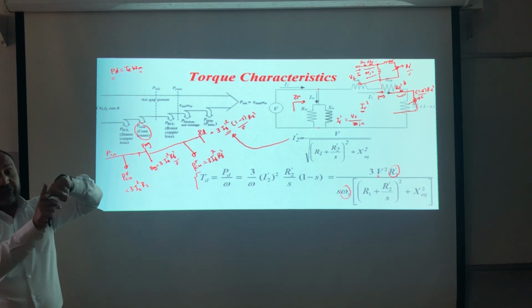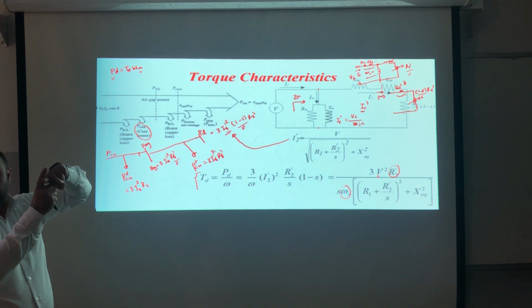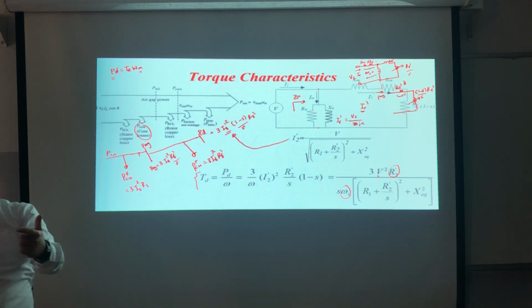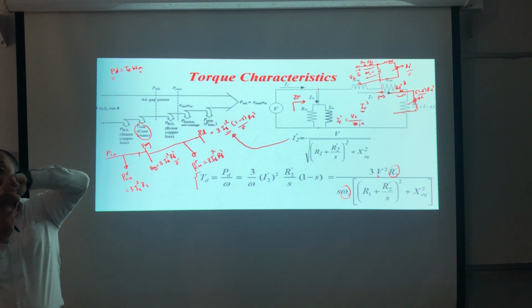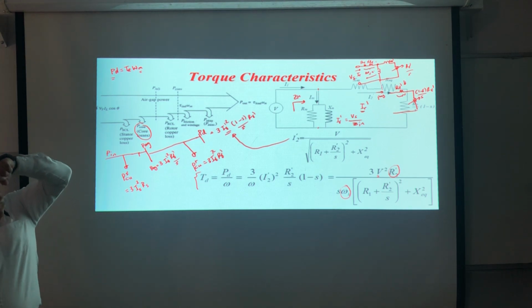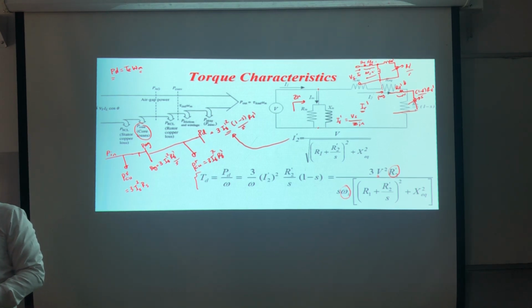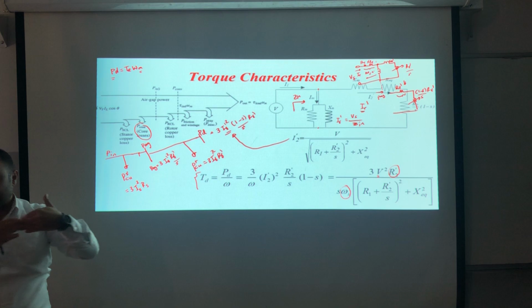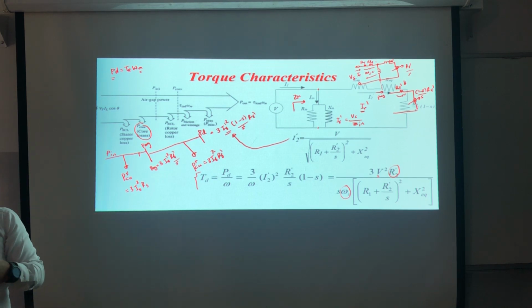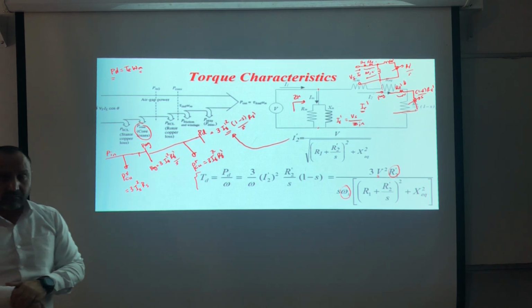If I'm not changing the load, in general you will not change it. You should live with the load. So the only thing you can do to control the speed is to change the torque speed characteristic of the machine, to shift the intersection point. This is the only way.